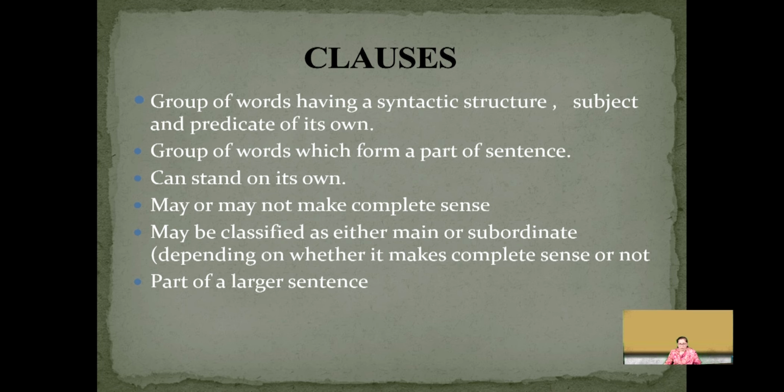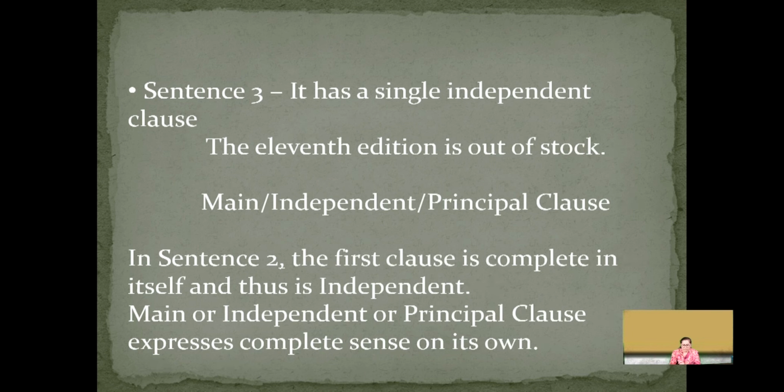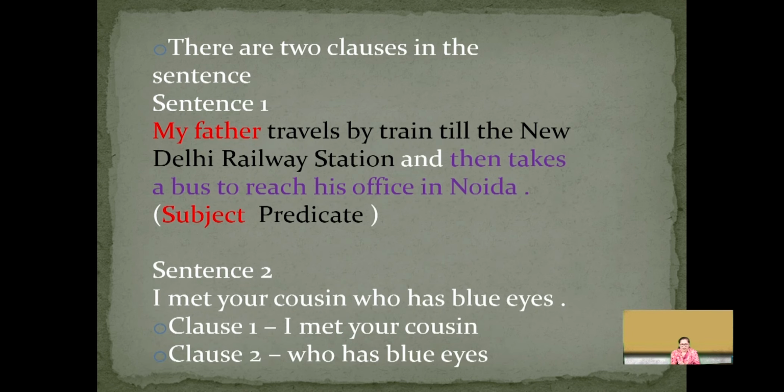So, have a look at this sentence. Now, there are two sentences. Sentence number one, and I think I need not focus more on it. You already can see that this is a clause.